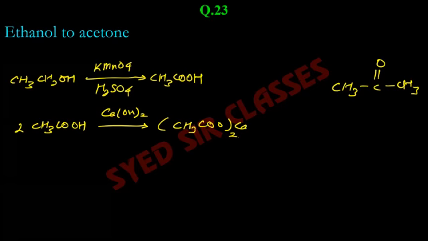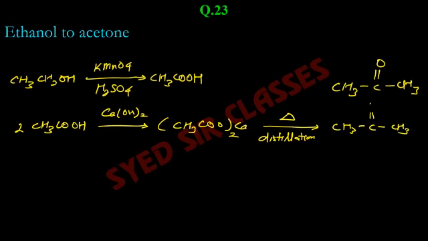So now this can be converted to the ketonic group by simple distillation technique. Okay, it means we heat it, and this process is actually called distillation. So you need to remember, although it is just heating, you get CH3COCH3. If I write it in this fashion, (CH3)2CO, you will be able to understand more clearly.